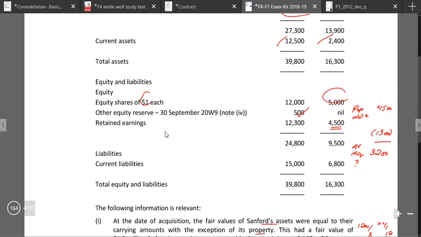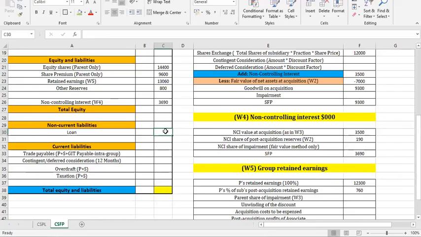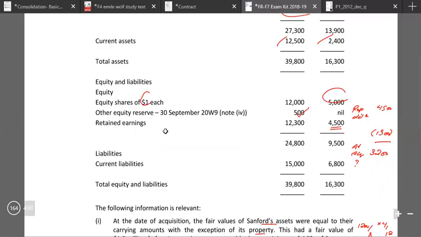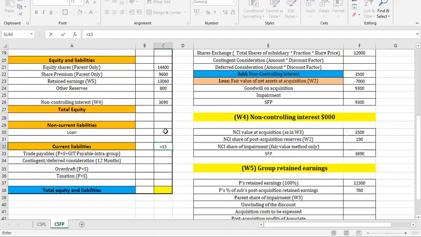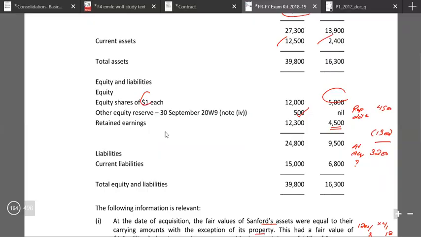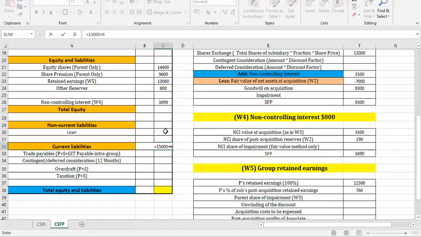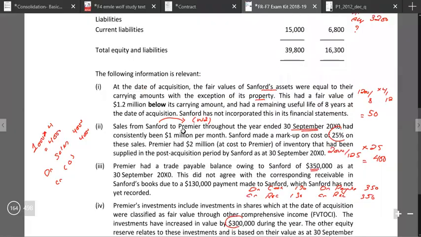Okay, then you have the loans. We do not have any non-current liability, leave it. Good. In the current liability, it's 15,000 plus 6,800 and minus intragroup payable, which was 350.